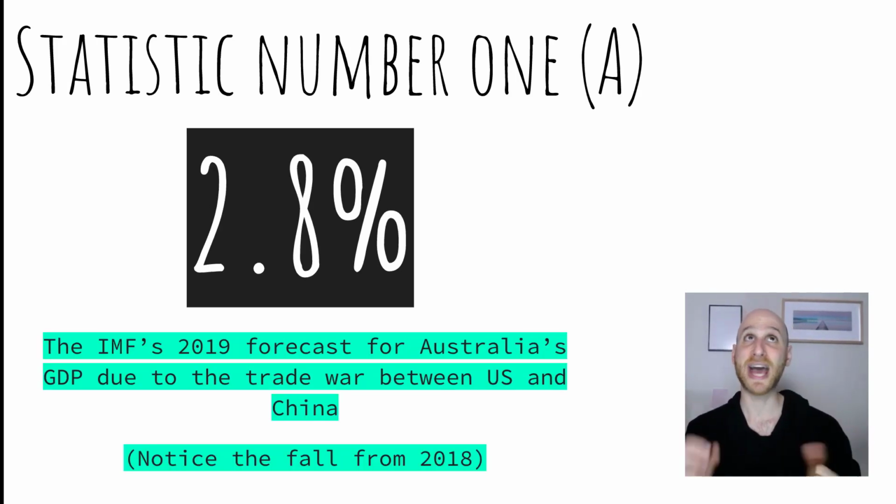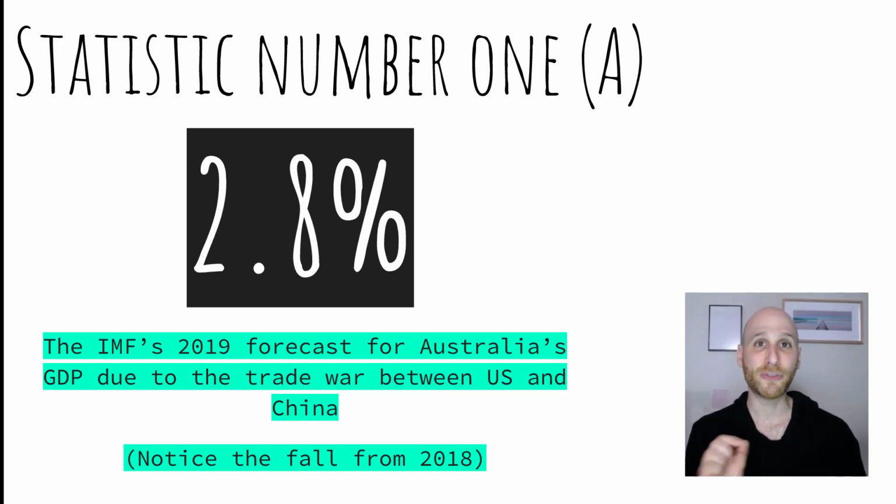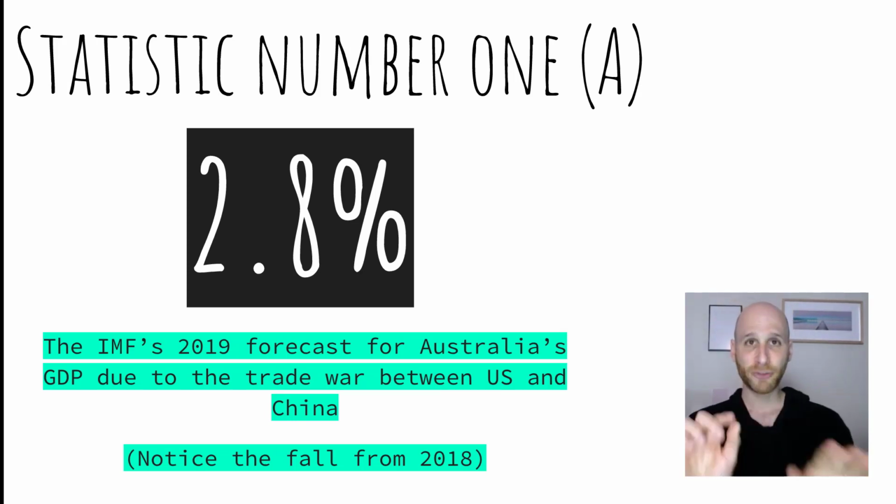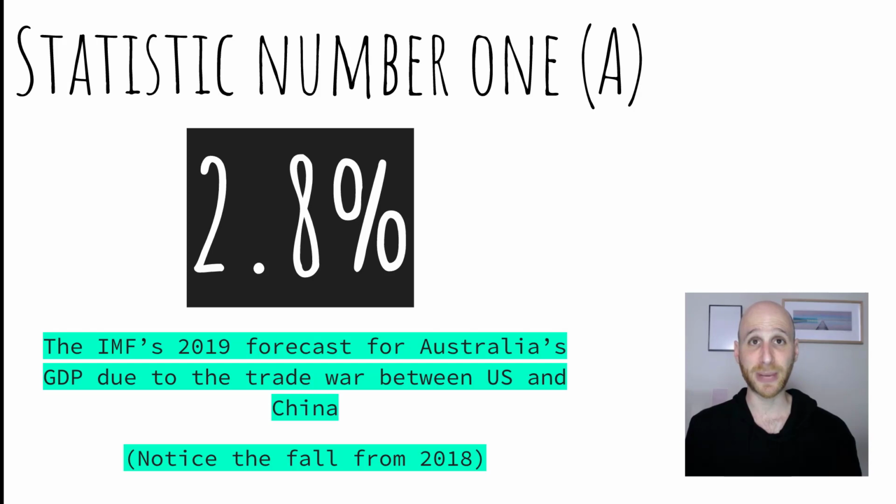Statistic number 1A, so I've snuck in an extra one here. This number is 2.8%. This is the International Monetary Fund's forecast for Australia's GDP in 2019 due to the impact of the trade war, the tariffs being imposed between the US and China.